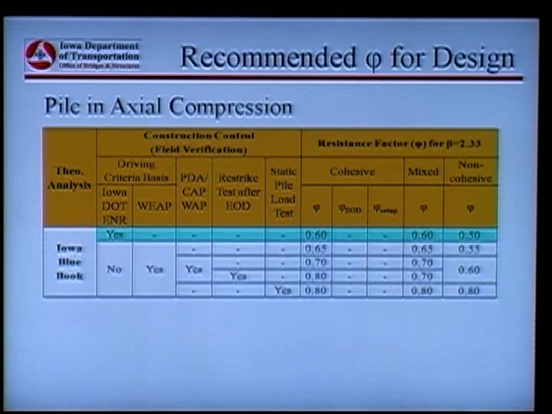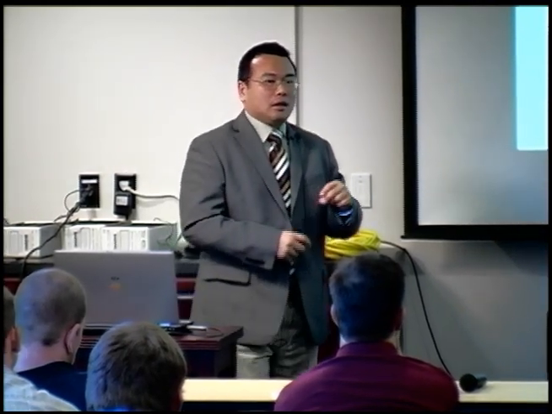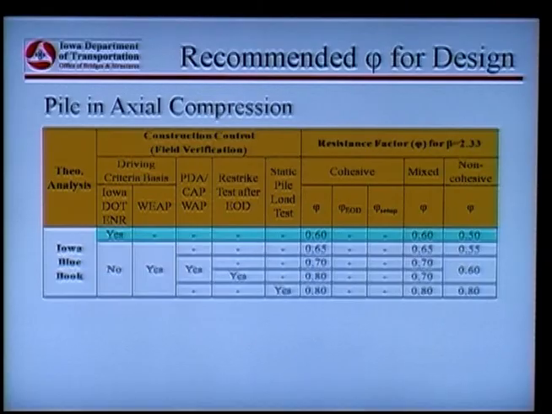But it changes with the type of construction control method that you specified during the design stage, the method you select for construction control in the future during construction. So you have a series of different resistance factors based on the different construction control methods, and it also depends on the type of soil profile you have along the pile length.